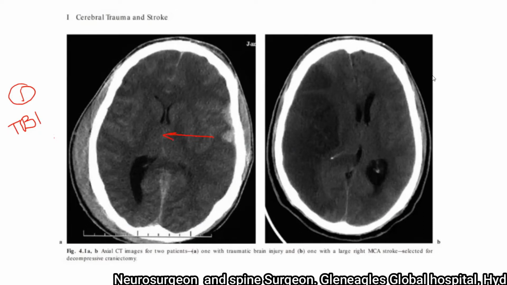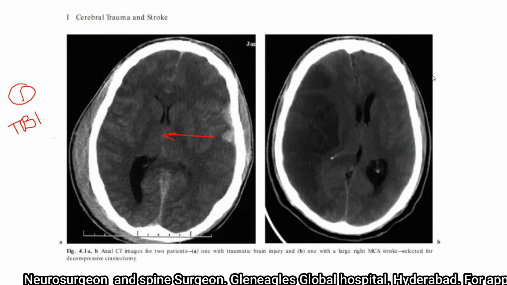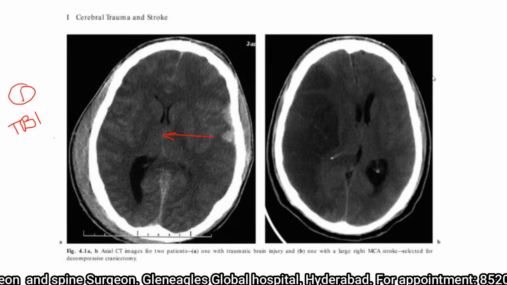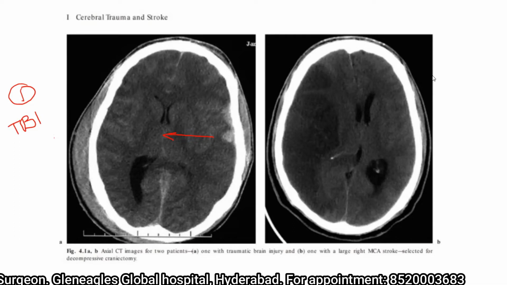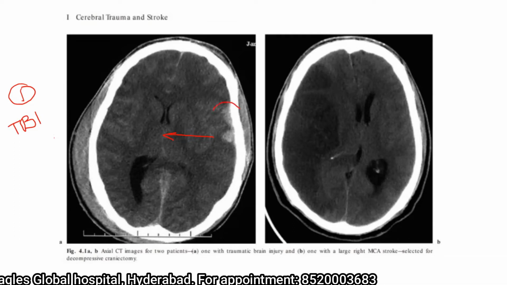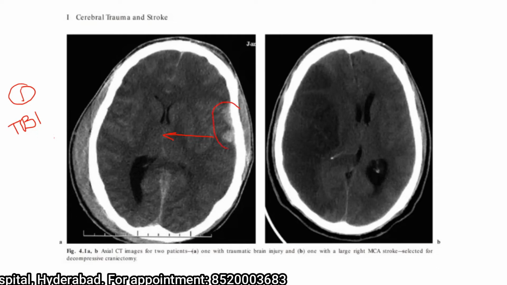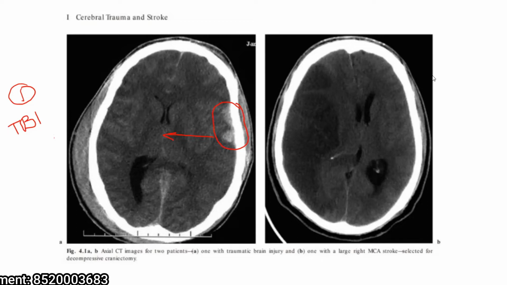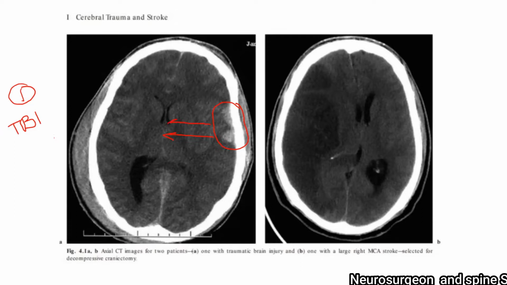There are signs of uncal herniation. There is obliteration of the basal cisterns. In this picture, you can see this is a traumatic brain injury with a small hemorrhage in the right frontal hemisphere. But the edema is out of proportion to the bleed, and there's a midline shift to the opposite side.